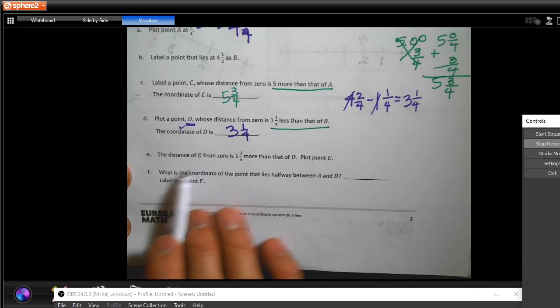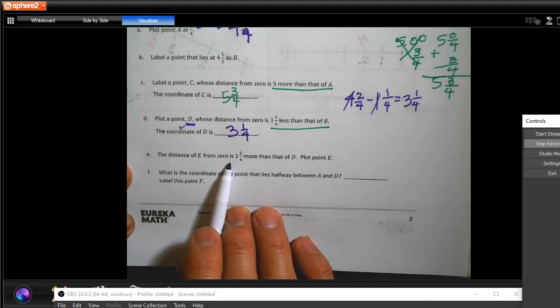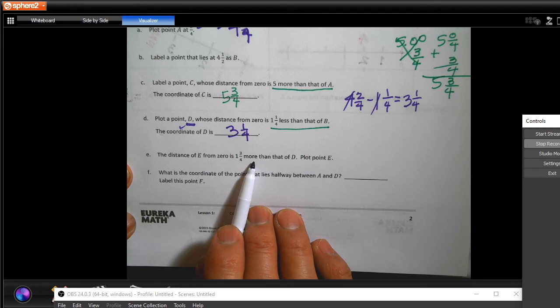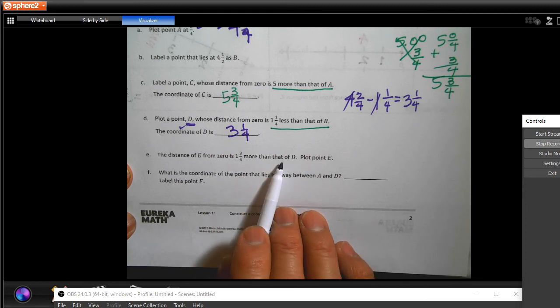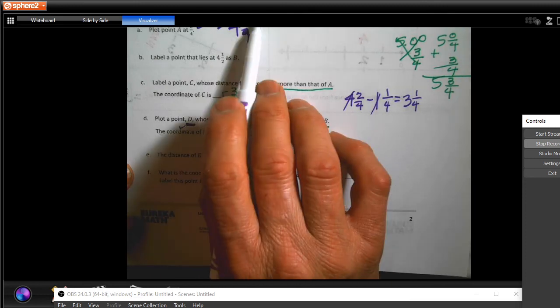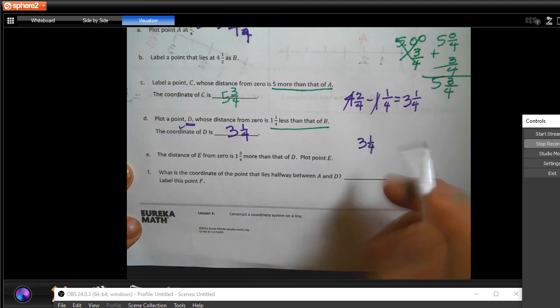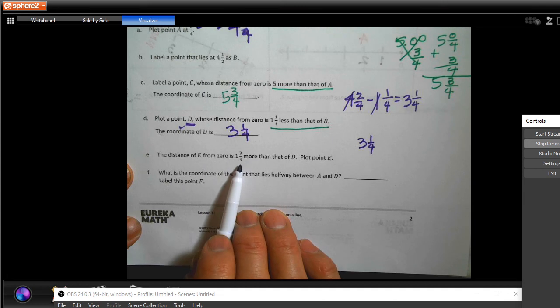The distance of E from 0 is 1 3/4 more than that of D. So what is D? 3 1/4. So D is 3 1/4, and E has to be 1 3/4 more.